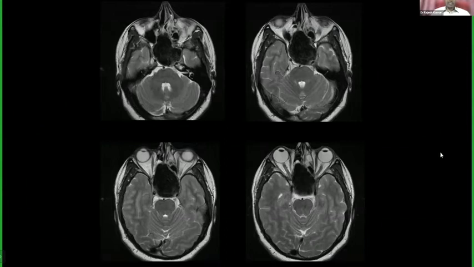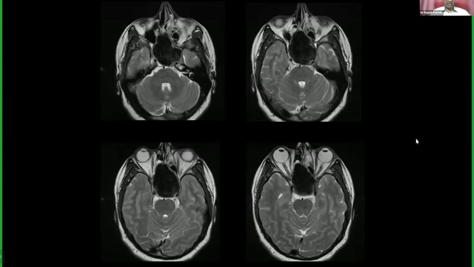See, there are many stages of hemorrhage, starting with deoxyhemoglobin, methemoglobin. In methemoglobin, we have intracellular and extracellular methemoglobin, then hemosiderin. Hemosiderin will be dark, and the acute stage, deoxyhemoglobin and intracellular methemoglobin, also will be dark.